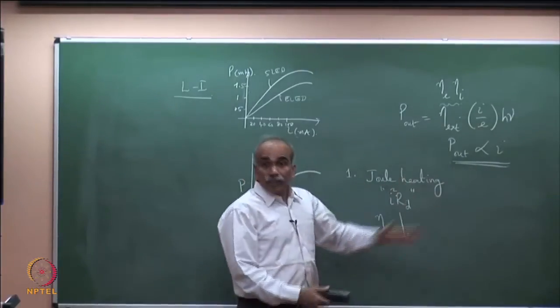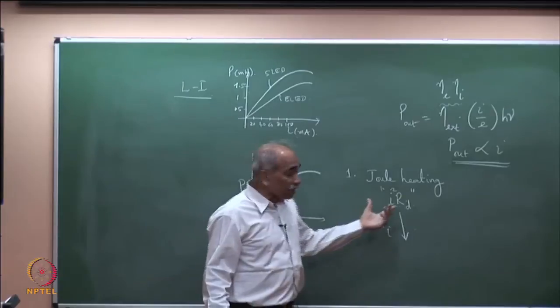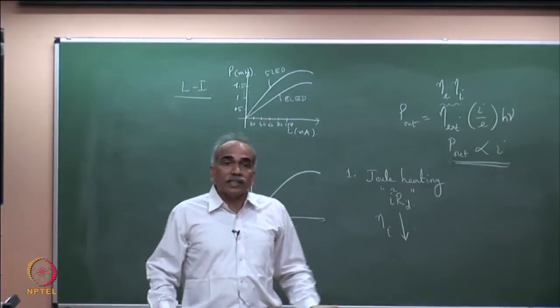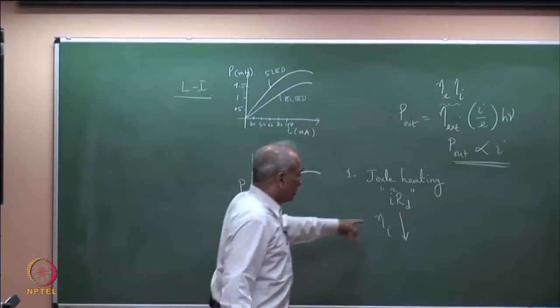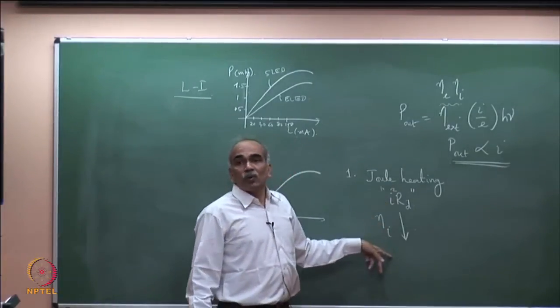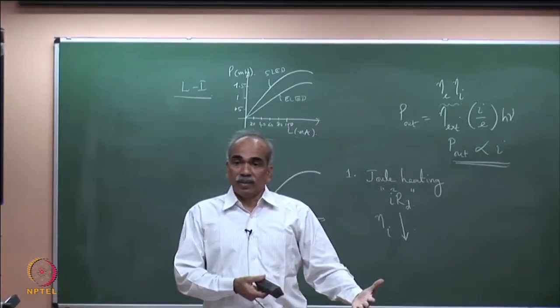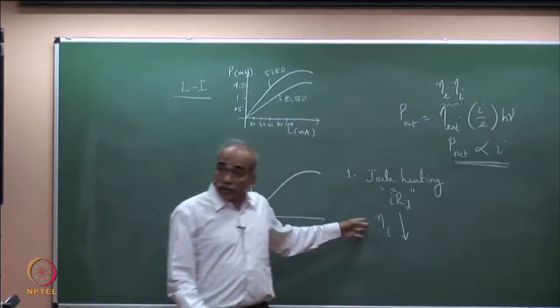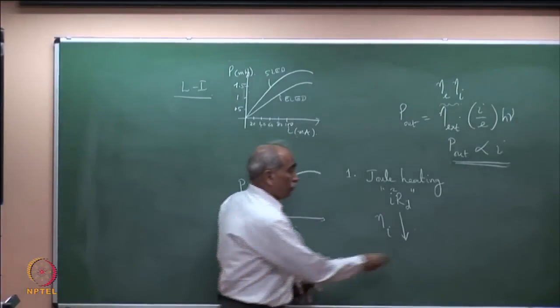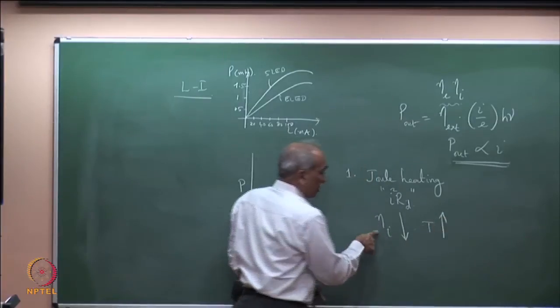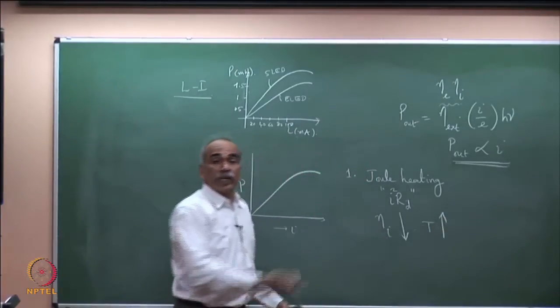The rest of it is by non-radiative transition, but as the device starts getting heated, the phonons in the lattice become very large and eta I starts going down. Most of the recombinations become non-radiative recombinations. Eta I has an exponential dependence: if T goes up, eta I drops down almost exponentially.